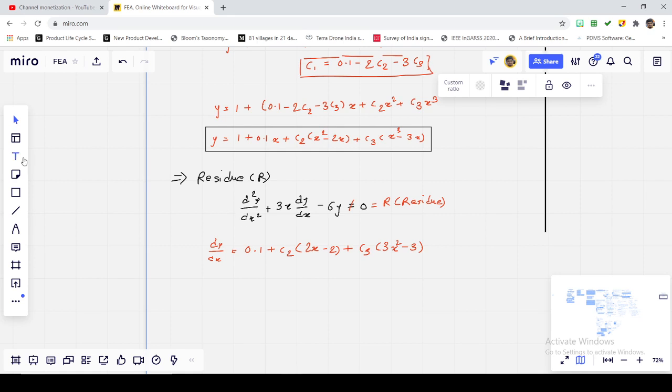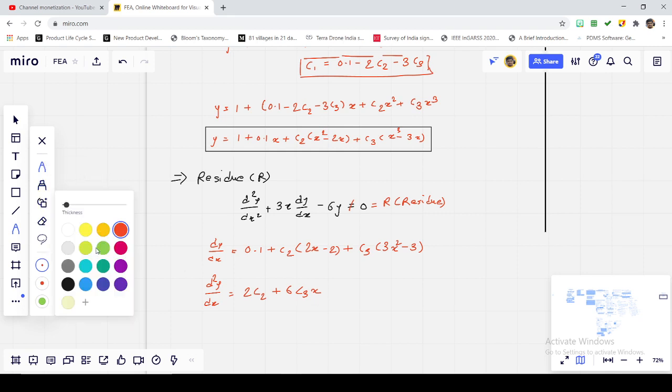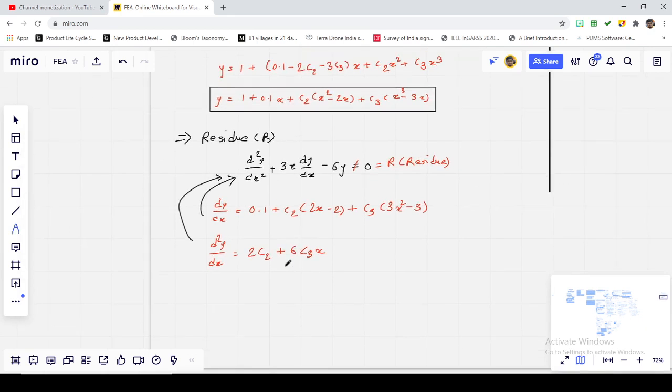We also need d2y by dx square. We will find it by differentiating this whole term again with x. So the first term will get cancelled. You will get 2c2 plus 6c3x. Okay, and what we will do is substitute this into the given equation.